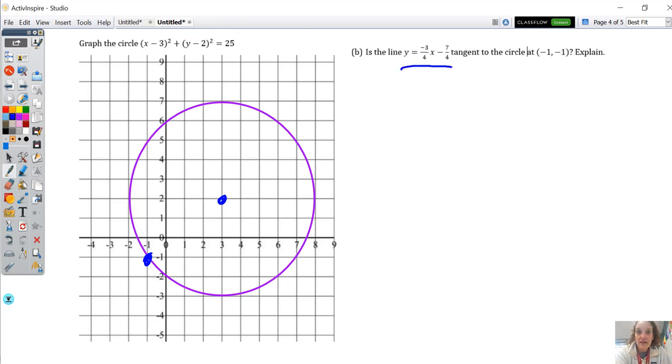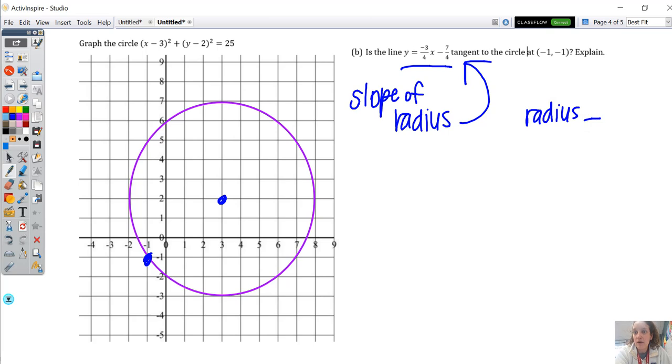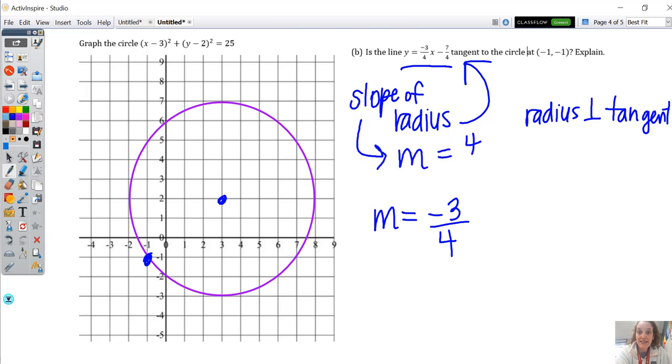Well, remember, the slope of our radius needs to be the opposite reciprocal of the slope of the tangent line, because the radius and the tangent line are perpendicular. So since the slope of that tangent line is −3/4, that means the slope of our radius is going to need to be positive 4/3, because our radius and our tangent line are going to have to be opposite reciprocals.